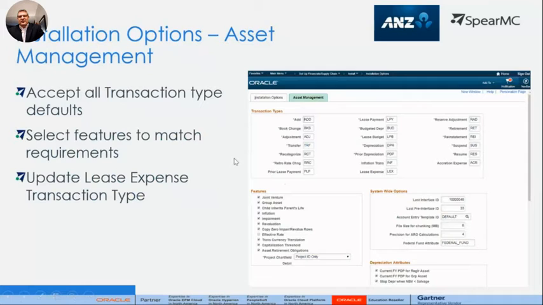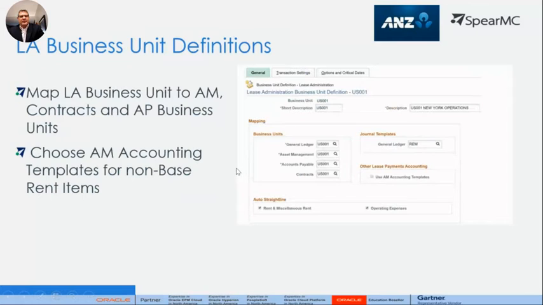You shouldn't be altering any of the installation options, but you do want to make sure that you have the lease expense type that is down there for lease administration. That and your lease payments are going to be out there as new values that you've got to make sure get populated. So don't forget that there's more than just lease administration installation options that you've got to change.